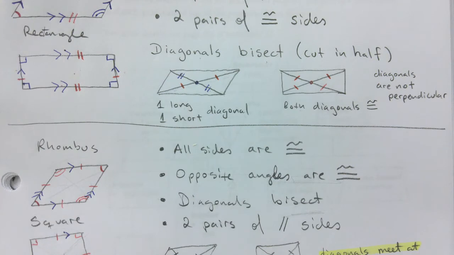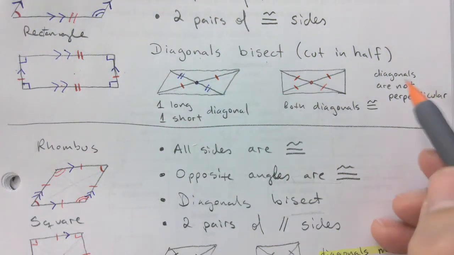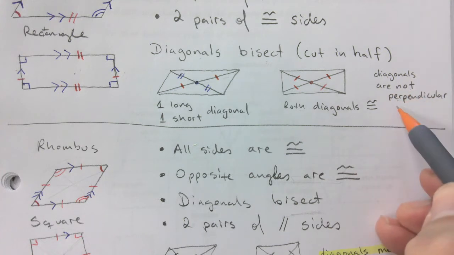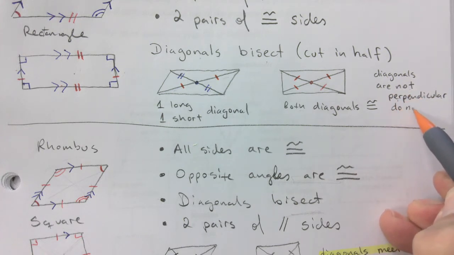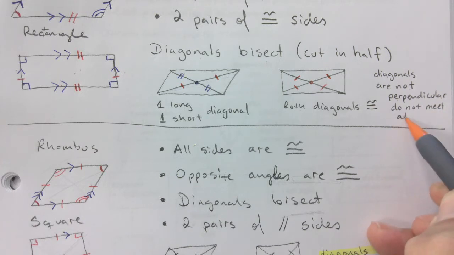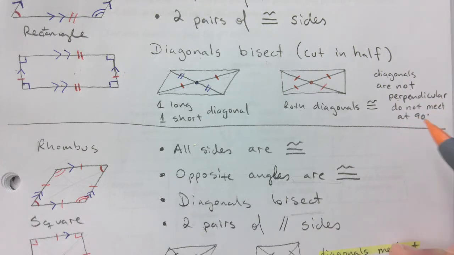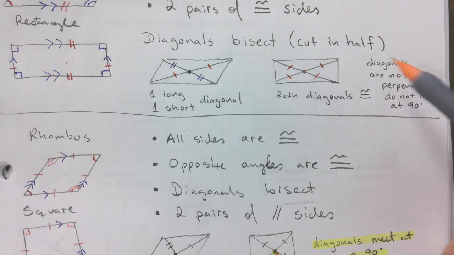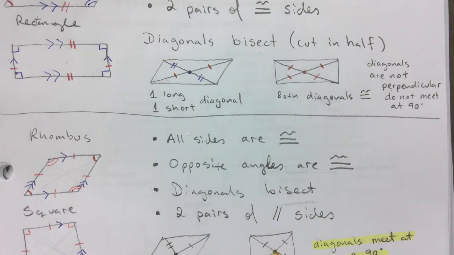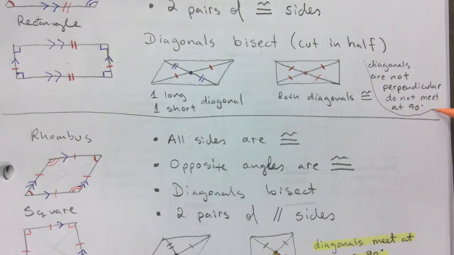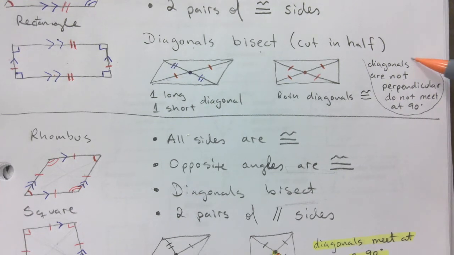Perpendicular is a fancy word for meeting at a 90, right? So diagonals are not perpendicular, do not meet at 90 degrees. That's very important to have, maybe, right? Because then you know it's like, oh, that's one of the biggest differences between the two groups is this. Okay.